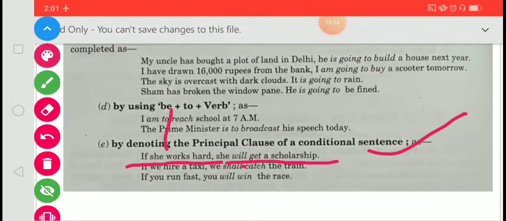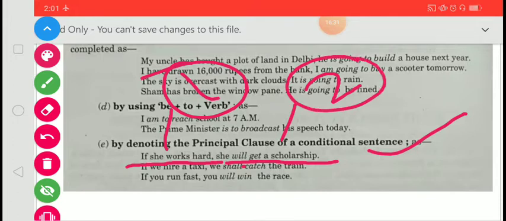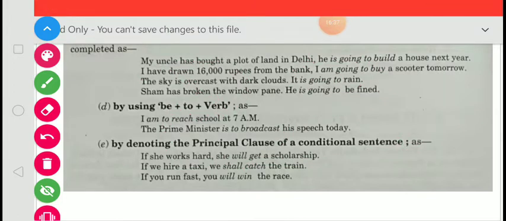So the first action is expressed in simple present tense and the action which takes place later is expressed in simple future tense. Let us go through these examples.